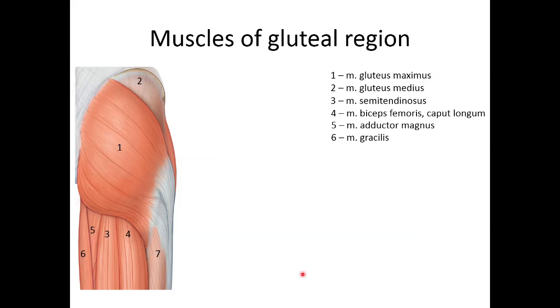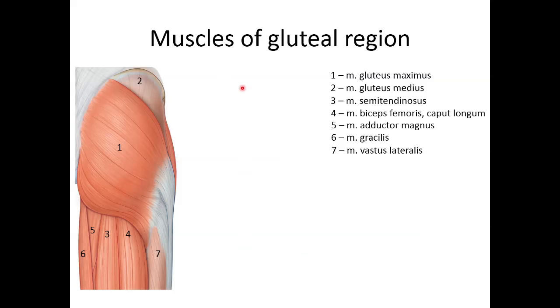And now number 7. Number 7, here it is, most laterally oriented. It's musculus vastus lateralis. It's also interesting because vastus lateralis is one of the heads of musculus quadriceps femoris, and it belongs, musculus quadriceps femoris, to the anterior group.